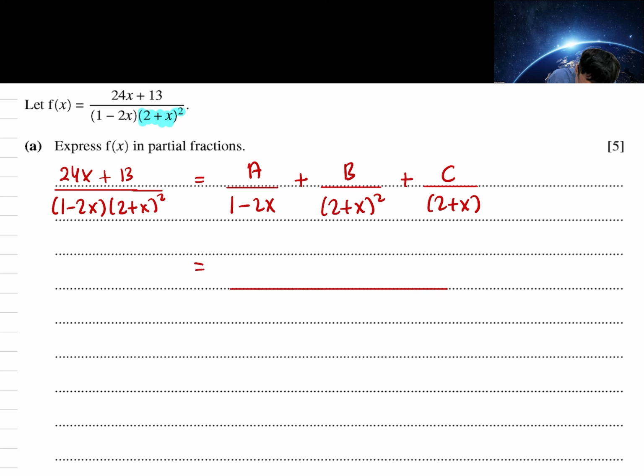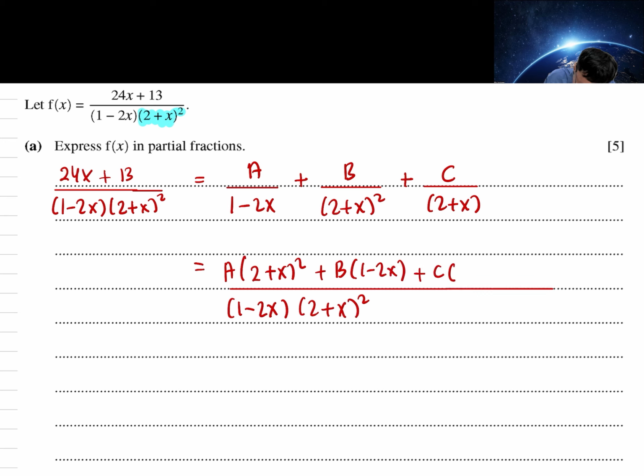So we have 1 minus 2x times 2 plus x squared. And then we have a times 2 plus x squared plus b times 1 minus 2x plus c times, this one will be 1 minus 2x, 2 plus x.